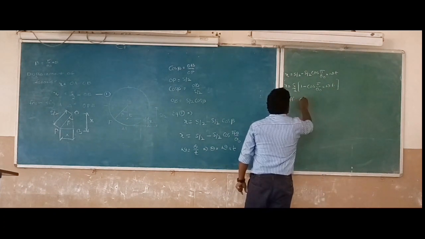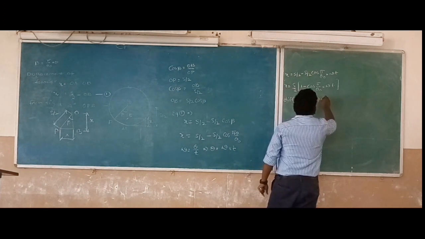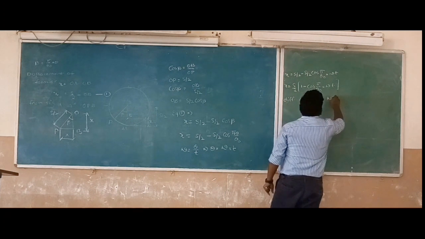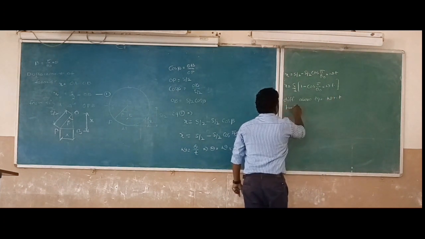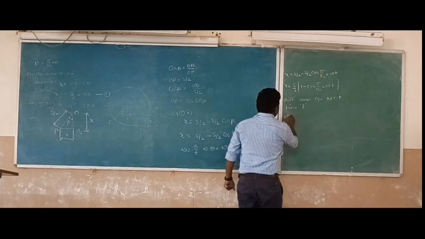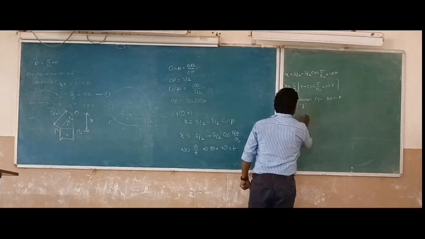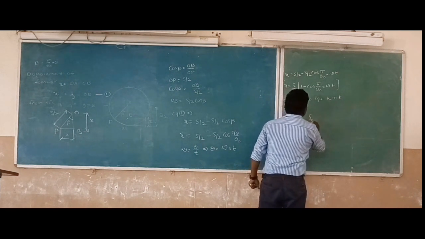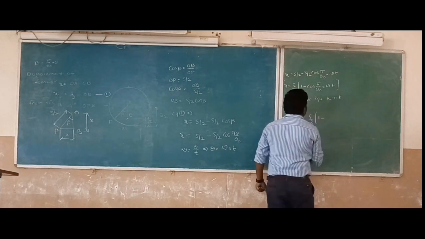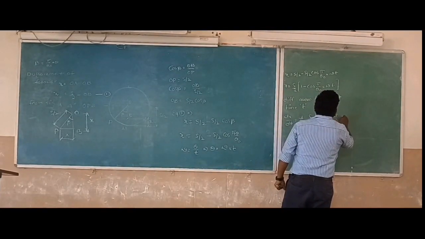Differentiate the above equation with respect to time t. dx by dt is equal to d by dt into S by 2 into 1 minus cos pi by theta naught into omega t.